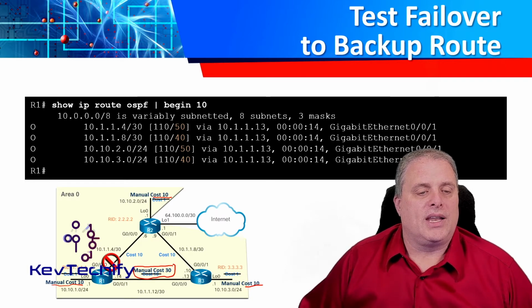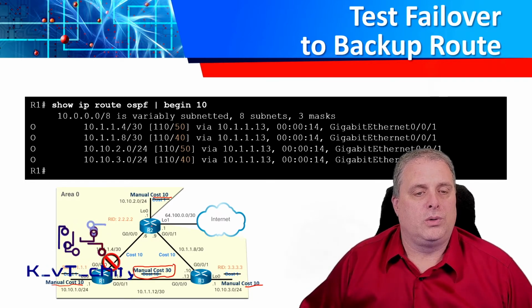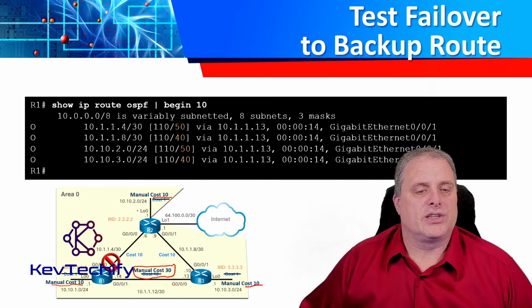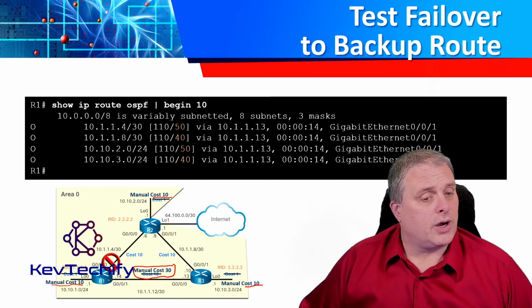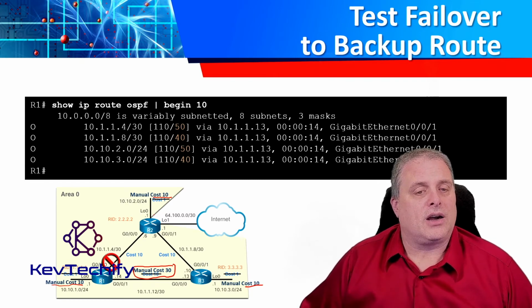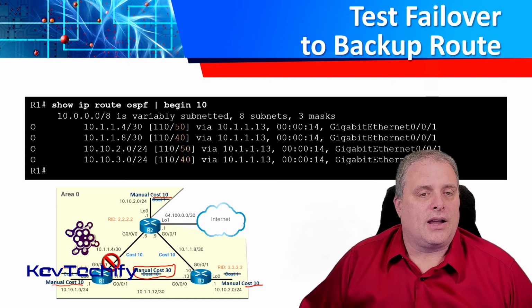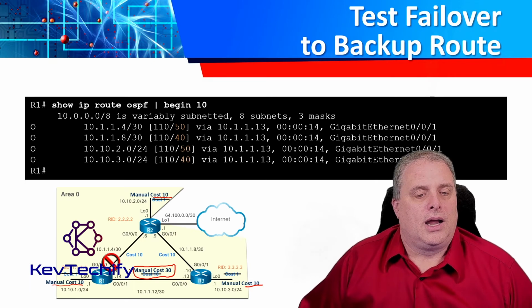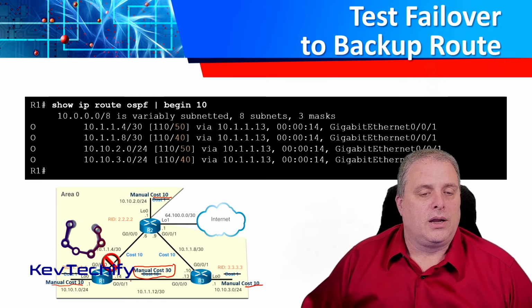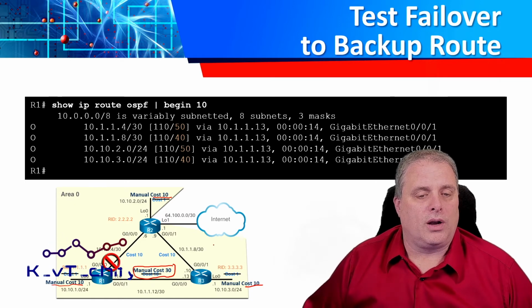What happens when that connection between R1 and R2 goes down? You're trying to connect into this loopback network off of the top of R2 here. The cost to get there was 11. Now, because we increased that loopback network to a manual cost of 10, that cost was 20 to get there. If we were to go from R1 to R3 to R2 to get into that network up here, that would be going across this network between R1 and R3.